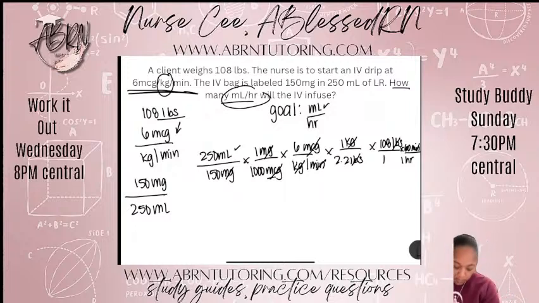All right, so 250 times 6 times 108 times 60 divided by 150 divided by 1000 divided by 2.2 equals 29.45. What y'all think about it?